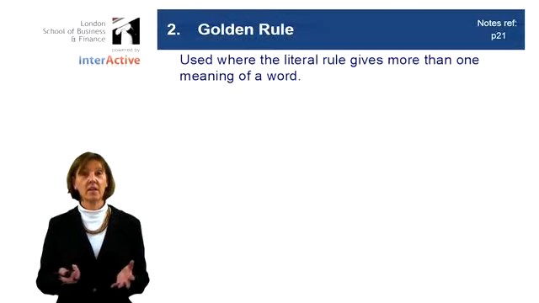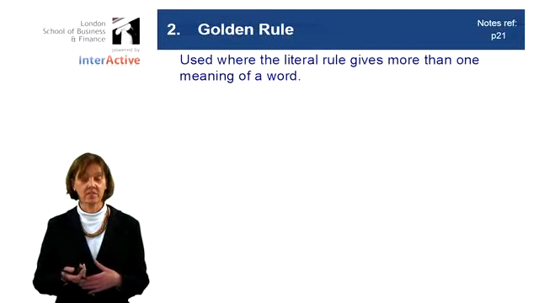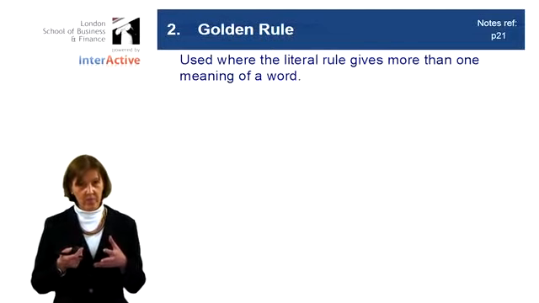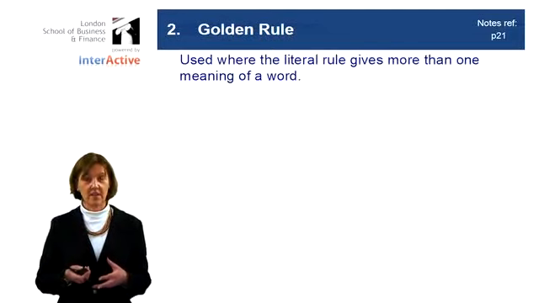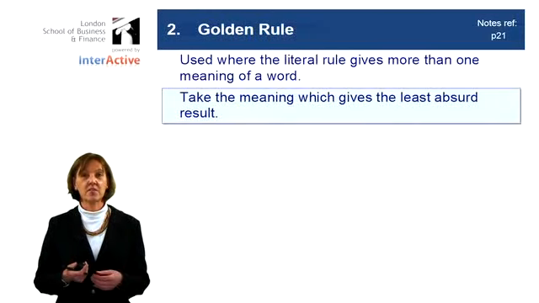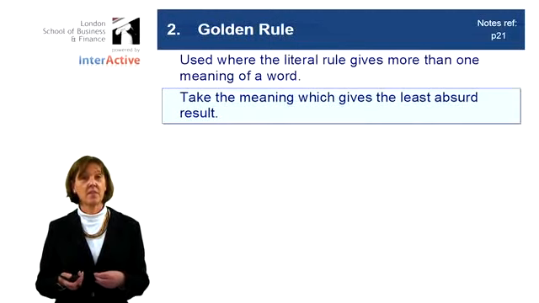And actually, in the English language, many words have more than one meaning, so the golden rule is used really rather a lot. So what does the golden rule say? It says, take the meaning which gives the least absurd result. We'd like to say, take the meaning which gives the most sensible result, but sometimes all meanings are stupid, so we take the least stupid meaning.